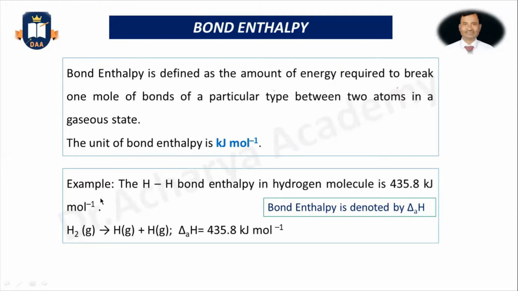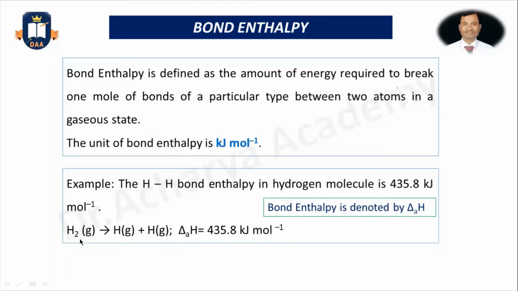In the case of the hydrogen molecule, we know there is an H single bond H. Its bond enthalpy is 435.8 kilojoule per mole. Bond enthalpy is denoted by delta H. It is written in equation form.